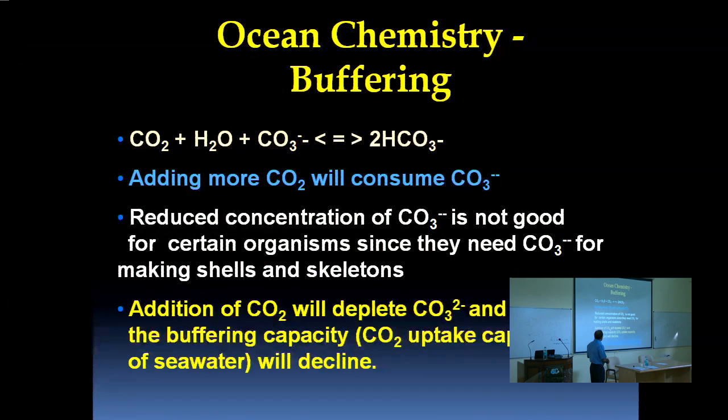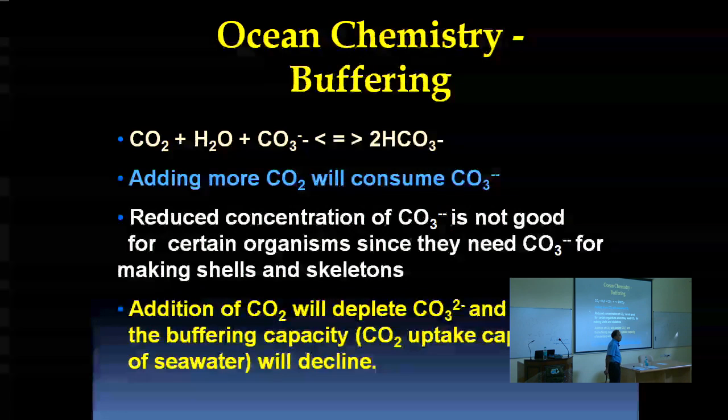So addition of CO2 will deplete CO3 and buffering capacity, which means the ocean is taking up CO2 not because it is just dissolving, right? It is because of the carbonate ion that is available.